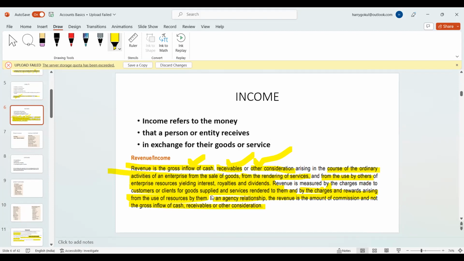What is meant by commission? Why only the commission, why not the entire amount taken as the gross inflow of revenue? For example, I am booking a cab. I paid 500 rupees in the app itself. Right now I'm booking a movie ticket, so I paid an amount of 500 rupees.